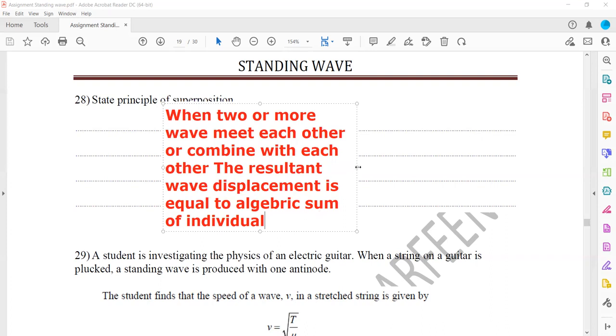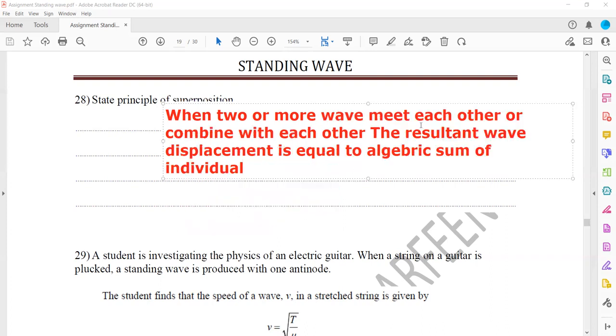So when the waves combine with each other, the resultant wave is equal to the algebraic sum.